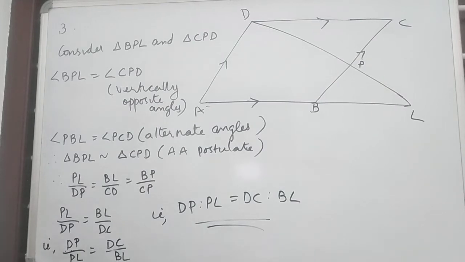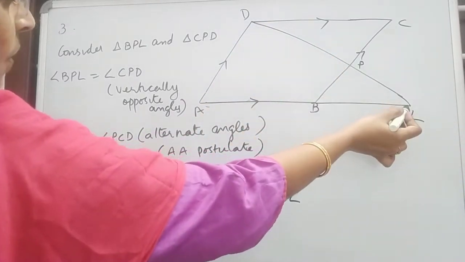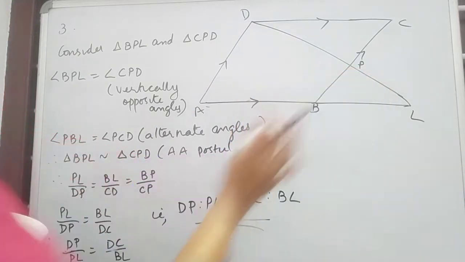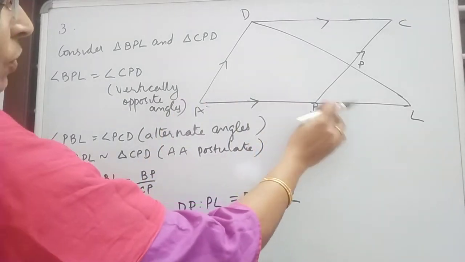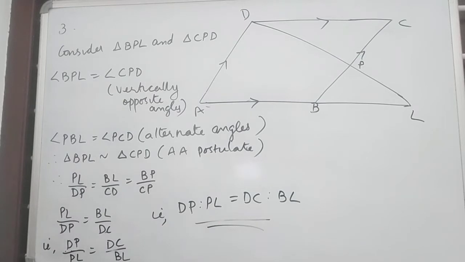That means the line DP is extending, so DP produced meets AB produced at point L. AB is also extending, so that two lines meet at point L. Prove that DP is to PL is equal to DC is to BL is our first part.